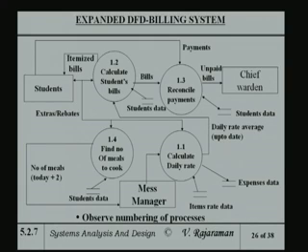So, the billing system can be divided into calculating students' bills. In fact, we find the number of meals based on which the daily rate can be calculated, because the daily rate depends upon the number of meals to cook and also the menu.